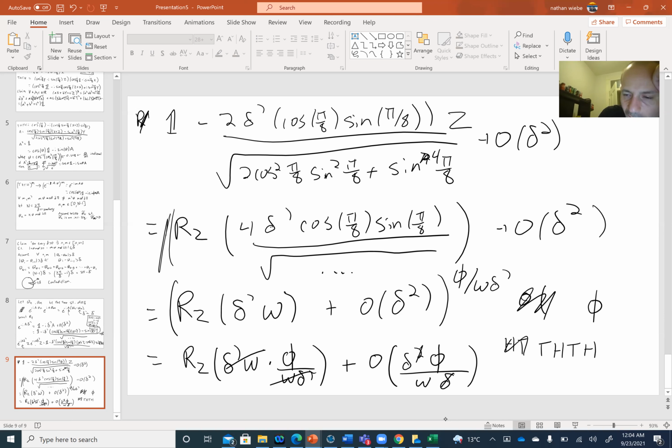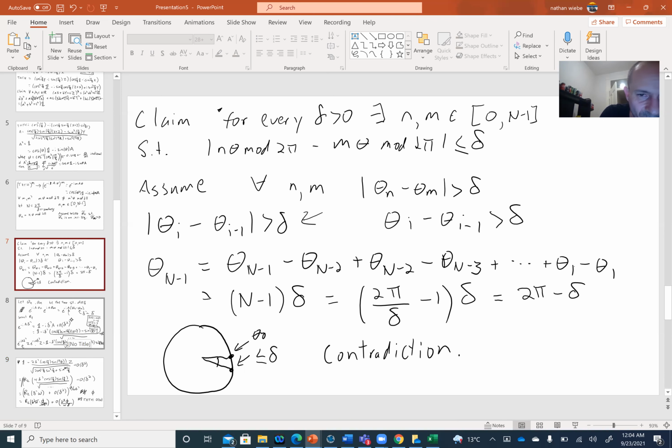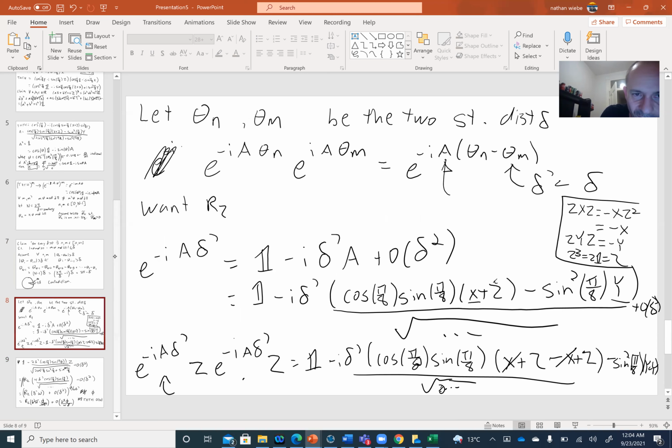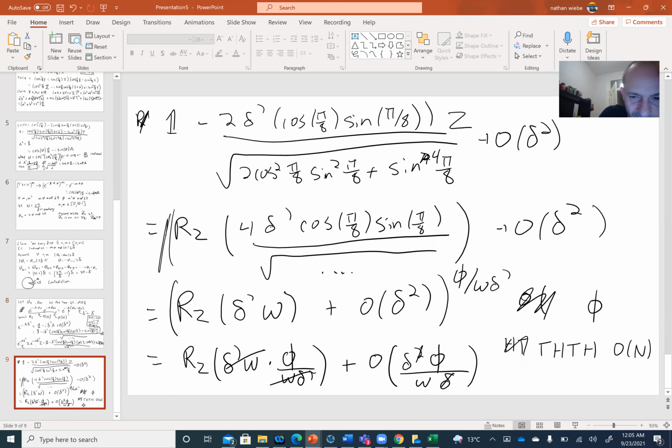Now, the cost for finding this rotation was an application of HT or THTH order n times for the first rotation. By first rotation, I mean when we were trying to build the small angle rotation, this one is going to be order n operations, and this one is also going to be order n operations, where n is order 1 over delta.